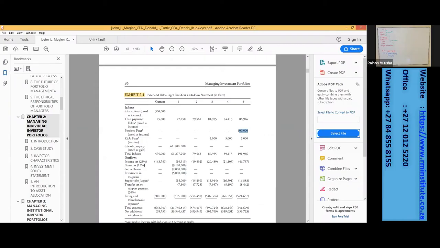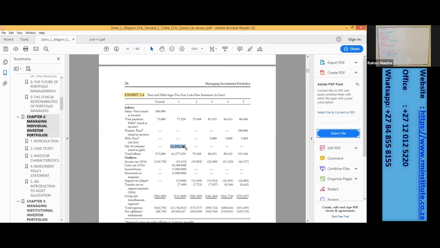Then the capital gains tax is going to be levied on the 61,200 sale of the equity capital. Remember, they started the business with nothing, but now after so many years, they are deciding to sell the business. So the business has achieved what? Capital gains.